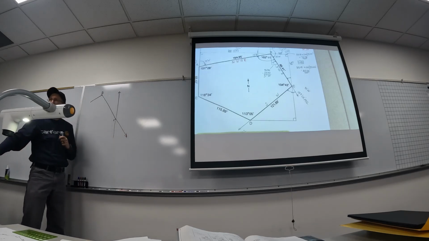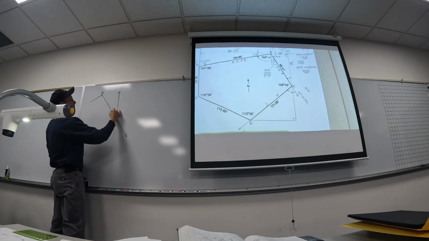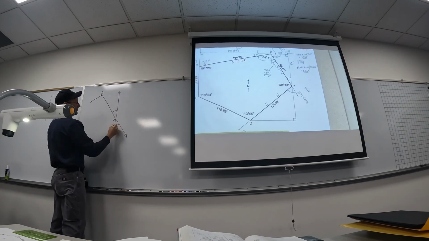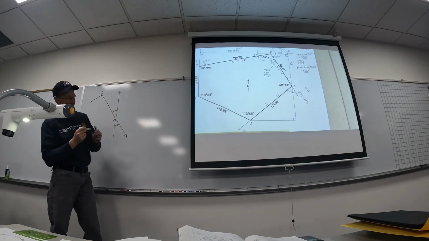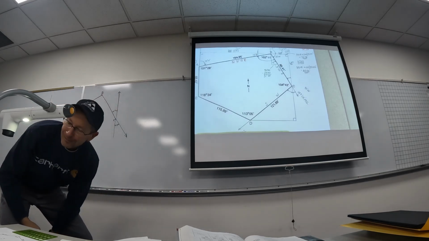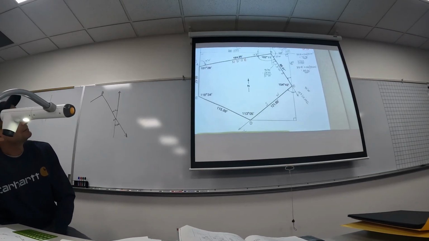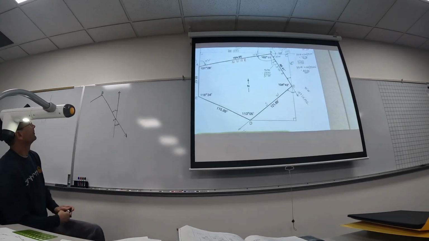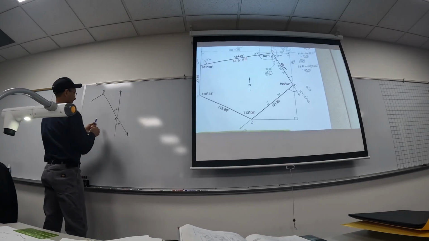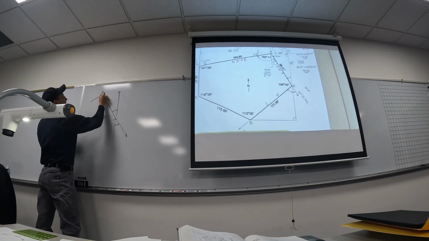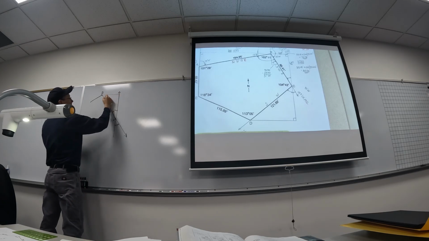All right, let me ask this. If we know this angle, what's this angle? Same, right? Do we agree? Mhm, same. So that might be a little help. I know what this is in this triangle, right?